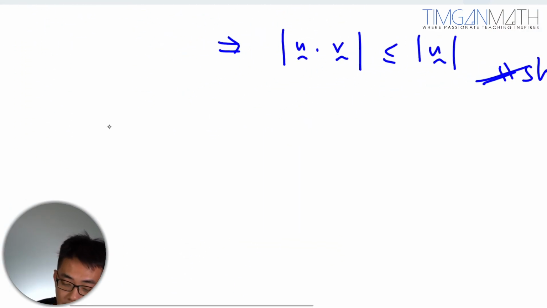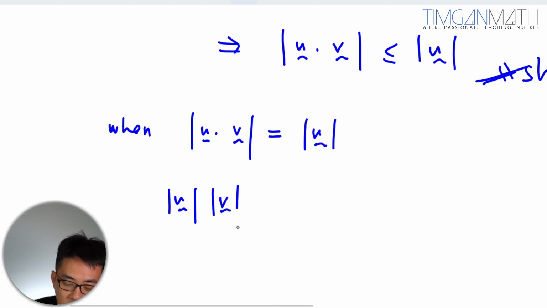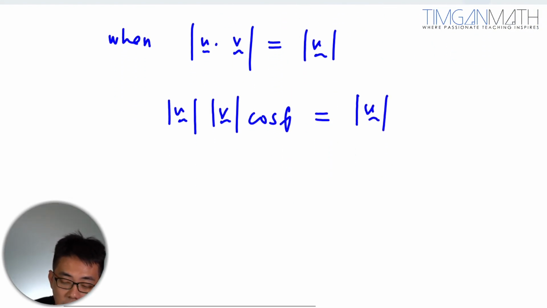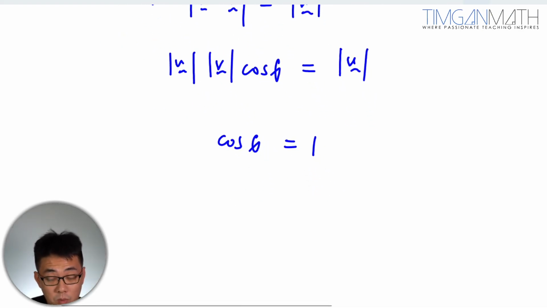When modulus u dot v equals modulus u, this is the dot product, so this is modulus u, modulus v, cosine theta equals modulus u. Then you cancel away. Modulus v is 1, so cancel away, and this is cosine theta equals 1. When does it happen?